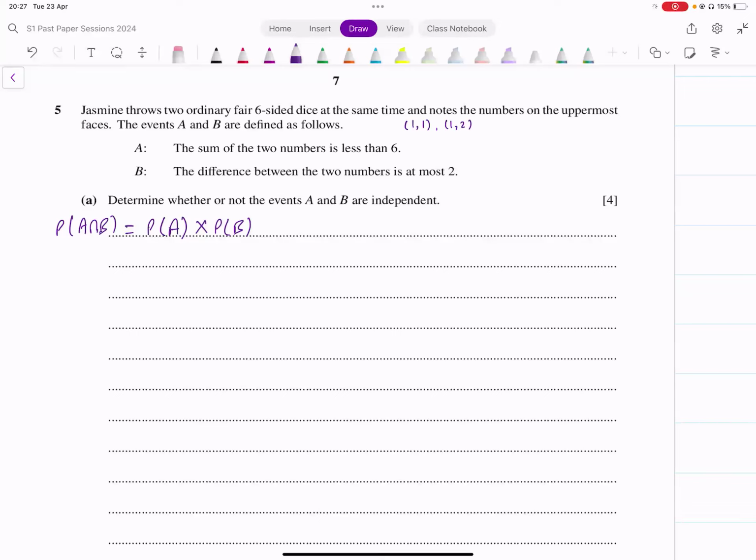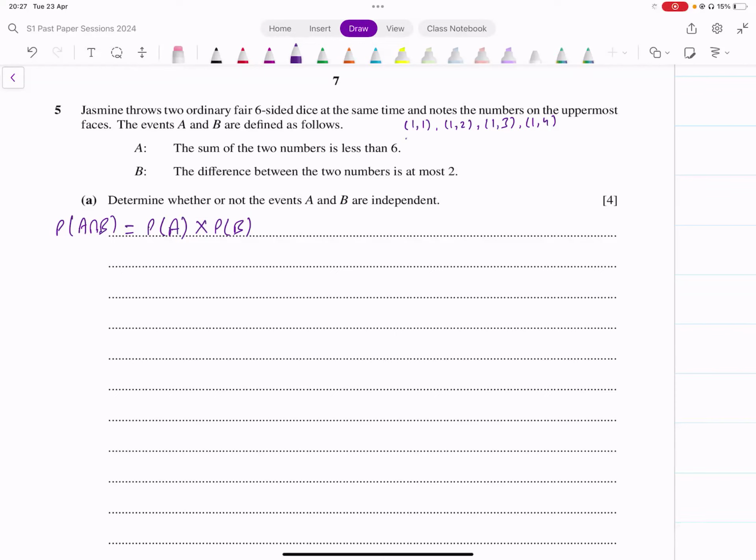In fact, only up to 1, 4, because the sum has to be less than 6. Let's write them down: 1, 1, 1, 2, 1, 3, 1, 4. These are the 4 cases when the first dice shows 1. We can't have 1, 5 because that will be equal to 6. We don't want that.